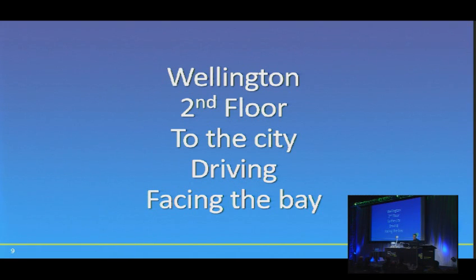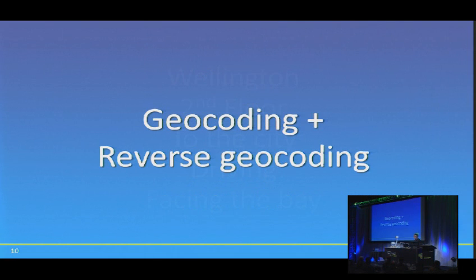I might be on a train heading towards the city, or I might be driving, and I might be sitting sideways on that train facing the bay. So the way that we translate between these two different structures of geodetic and civic is using geocoding, which is where we take civic and turn it into geodetic, or reverse geocoding, which is where we can take these latitudes and longitudes and other information and turn them back into something that's civic, that a user can use.